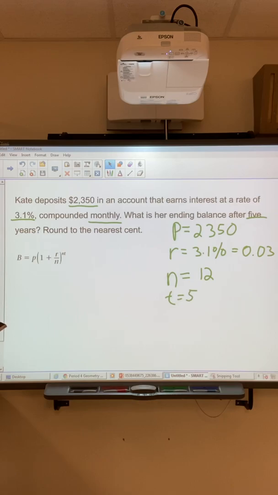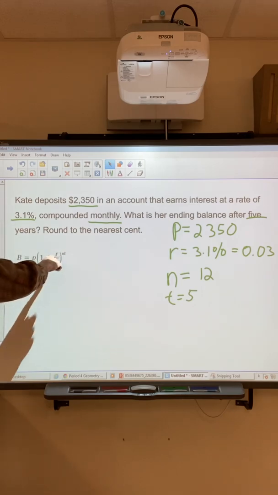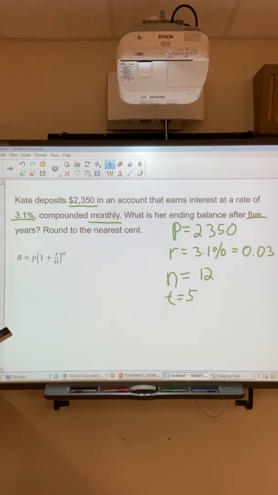So it's 2350 parentheses 1 plus 0.031 divided by 12, close my parentheses, raise it to an exponent. You may need to put the exponent in parentheses too, because you're going to do 5 times 12. 12 times 5, actually it's the same thing.